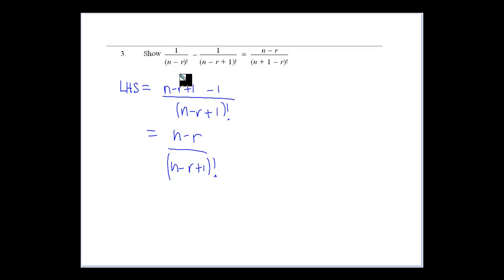So again, we're looking to get a common denominator, and this one's a little bit harder because it's a harder common denominator, but that's really one term on from that. So for a common denominator, if we multiply this term top and bottom by n minus r plus 1, it gives us the n minus r plus 1 factorial on the bottom, and they've got the common term on the top, minus the 1, which gives n minus r over the n minus r plus 1 factorial.